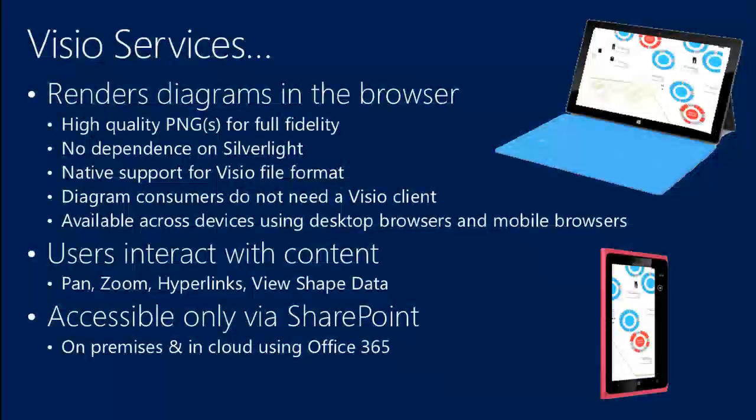If you're familiar with the Visio Services functionality that we released in the 2010 timeframe, we actually used Silverlight to render the diagrams in the browser. There's a lot of reasons why we moved to full HTML and PNG, getting rid of Silverlight as our main engine for the rendering.